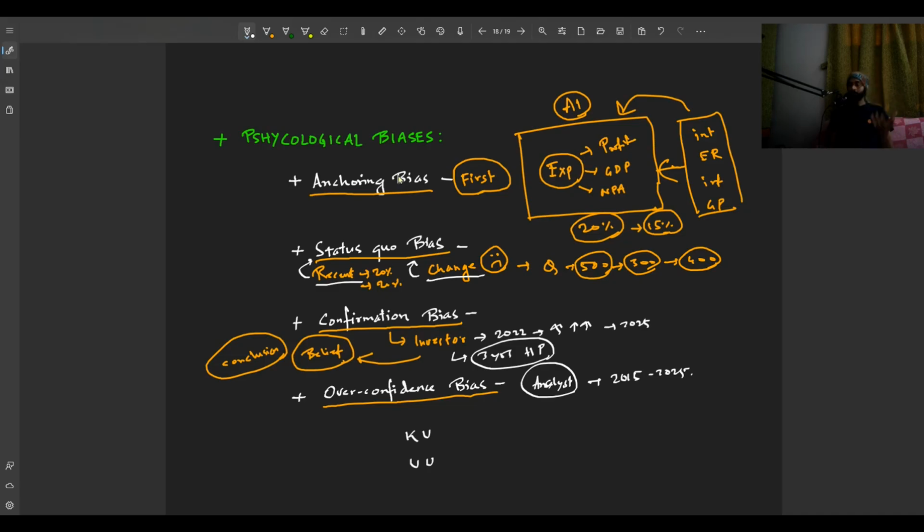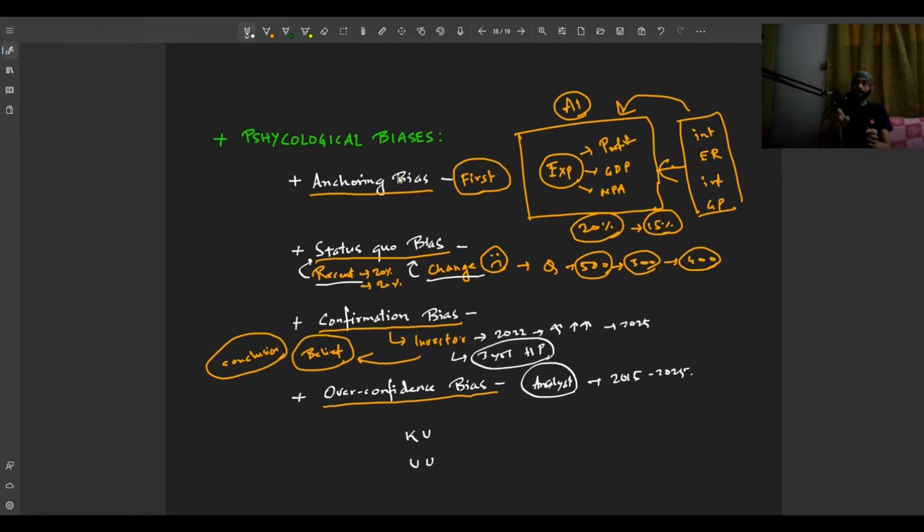The technology levels are different, the interest rates are different, the geopolitical scenarios are different. Now, if the analyst is not willing to incorporate changes or look at new things to learn, for example, what are the new changes in technology happening? What are the new geopolitical equations happening? What are the new interest rate scenarios that may impact the markets?